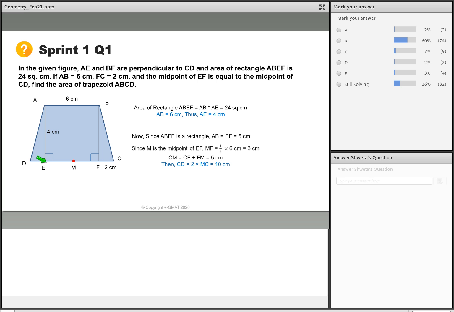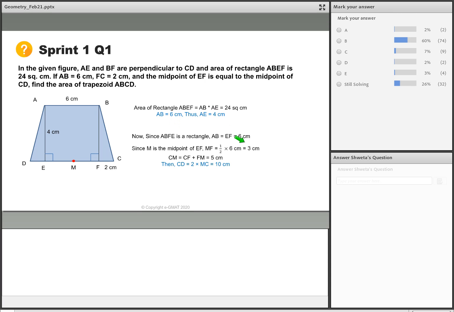Now, with this, I know the height of the trapezoid. Next up, ABFE is a rectangle. So if AB was 6, EF is also 6. Opposite sides of a rectangle are equal, right? Now, very important here, focus. M is the midpoint of EF. I know that, which means MF here will be half of 6.